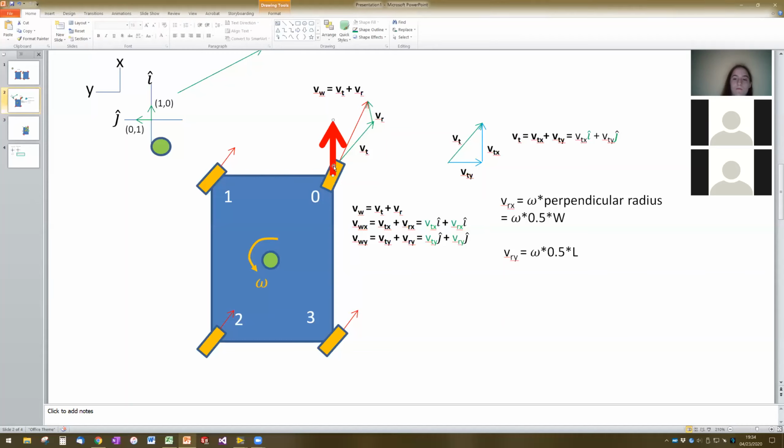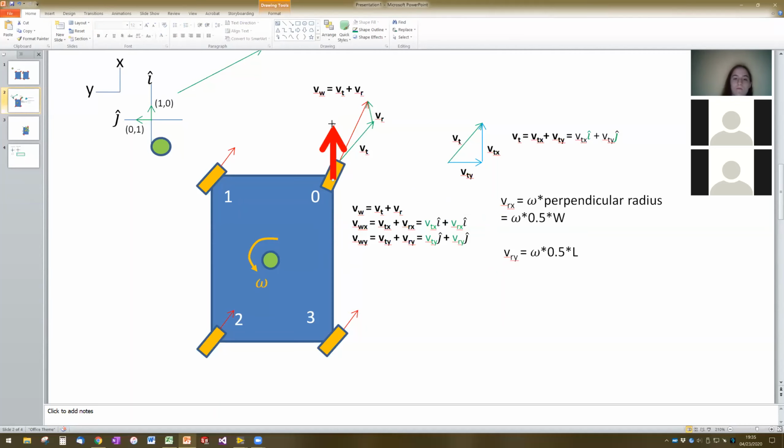It'll certainly move. There will be some translation, but there's also going to be a rotation part of it. Can that rotation be counterclockwise or clockwise? Is it going to be counterclockwise? It is, exactly. You can imagine that if you just push on the robot in this direction with just that corner, the robot would shift in the counterclockwise direction. So that means that the positive x direction is lined up with the positive omega direction. And so this positive is okay.